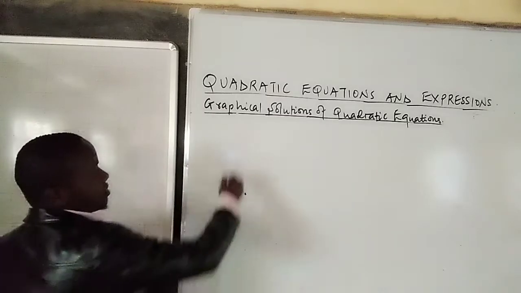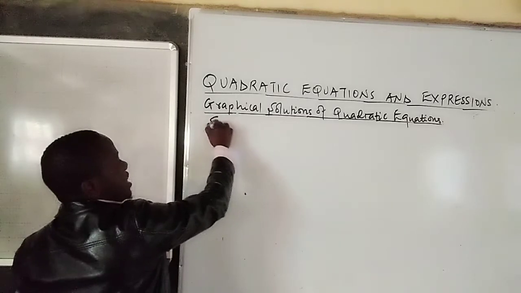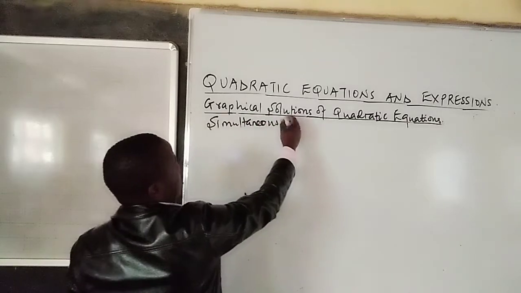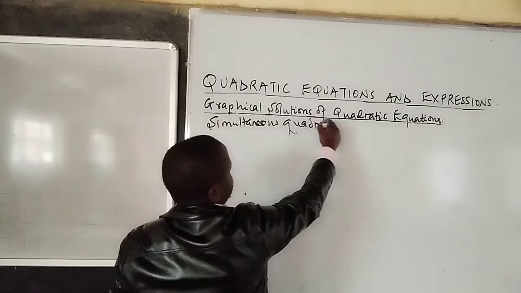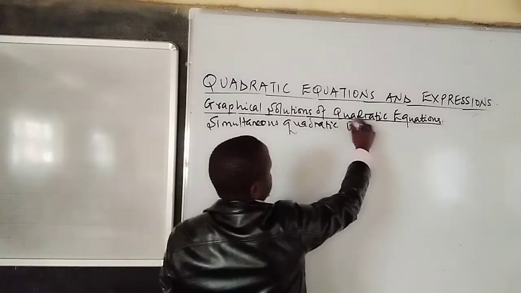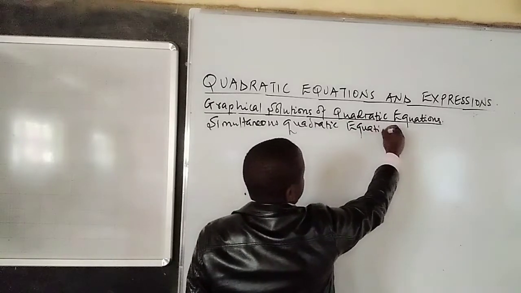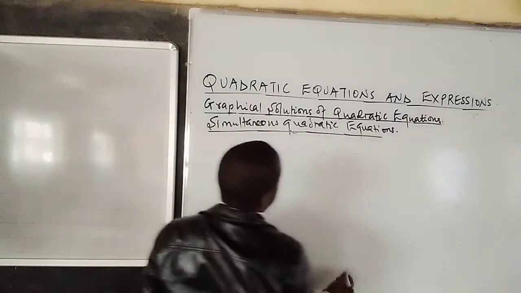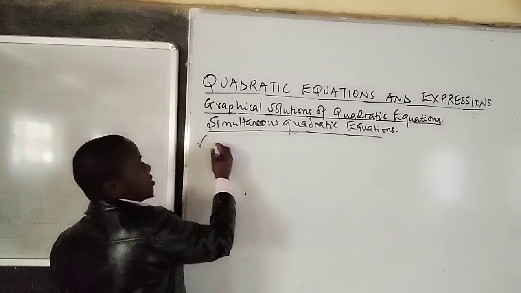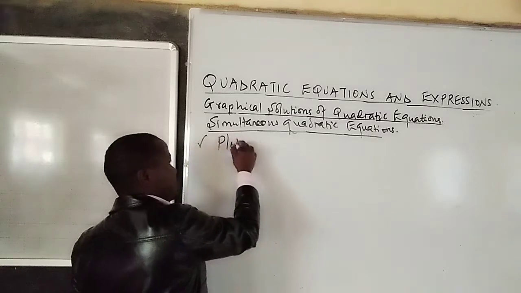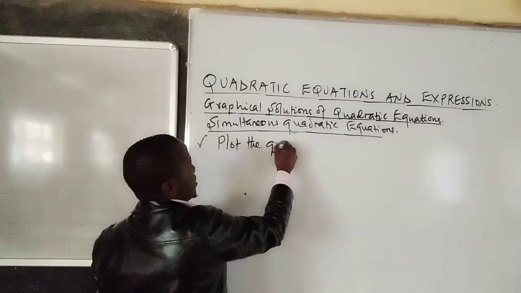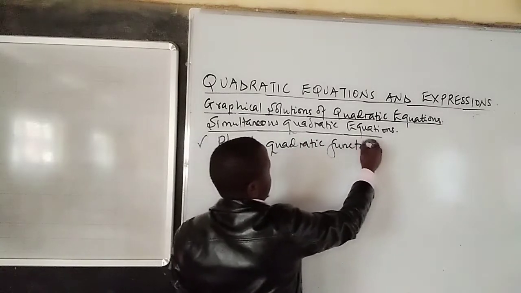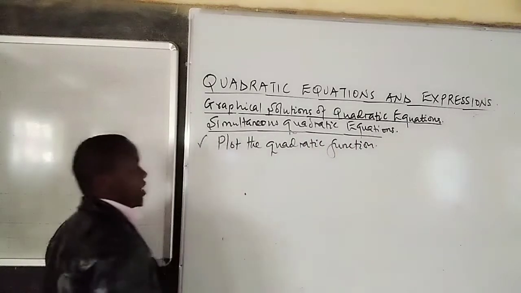Okay, we're saying simultaneous quadratic equations. Simultaneous quadratic equations is what we are solving. Therefore, we say you first of all plot the quadratic function, of course, on a Cartesian plane.